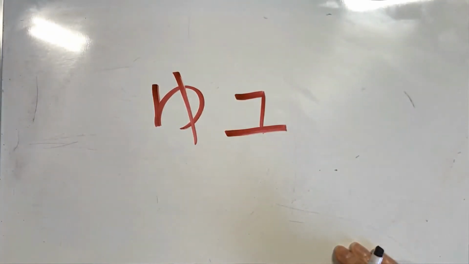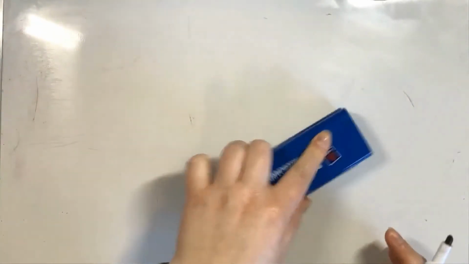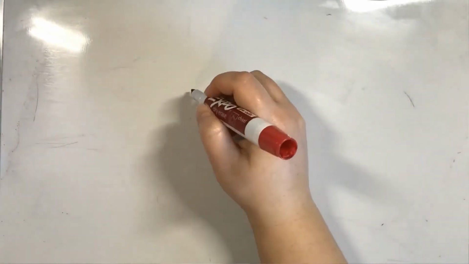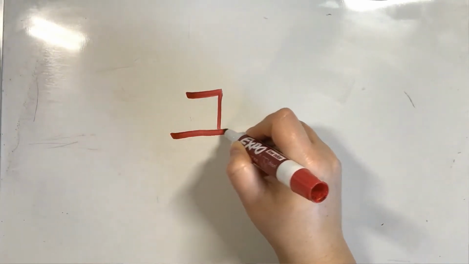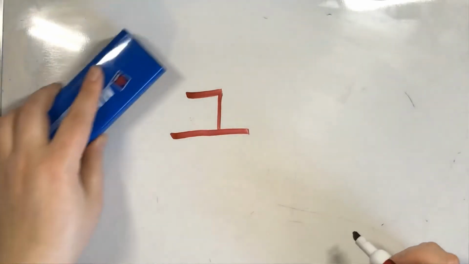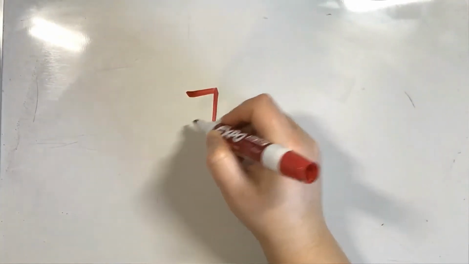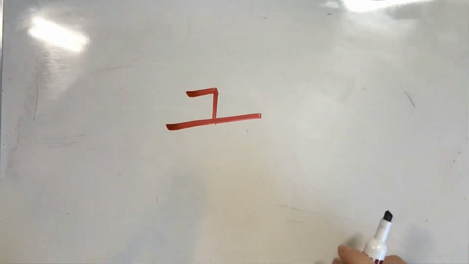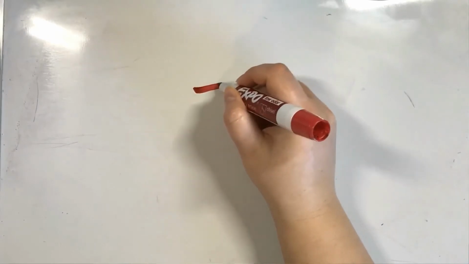So again, not very similar, but yu could be mixed up with ko, and I'll show you how that would be the case. So first, we're going to do a line across, come down, and then another line that goes across but longer. Left to right, down, across.